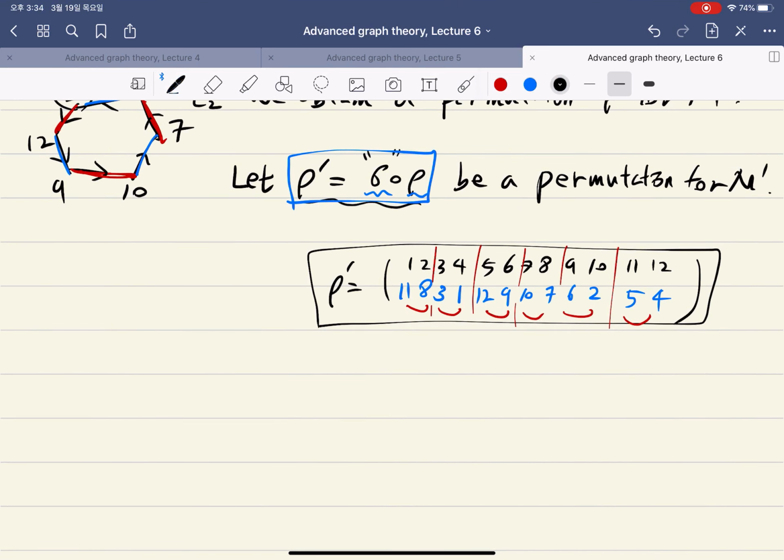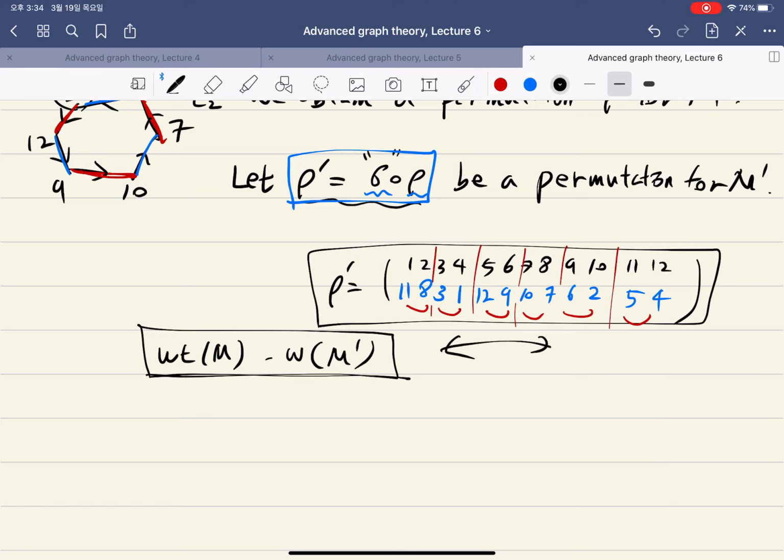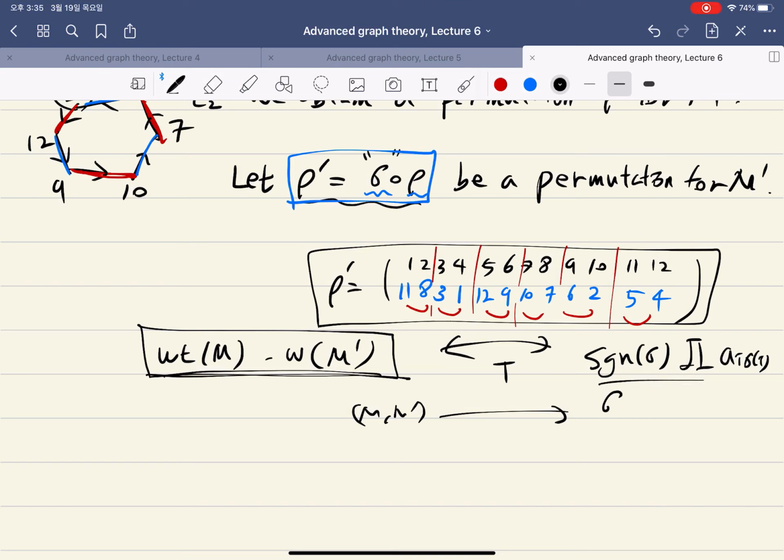So what it means is that when we have just the weight of M and weight of M prime multiplication, we don't have any connection between this and the sign of rho, this term. Even if we connect this M, M prime with this sigma, rho, we don't know the relationship between these two.